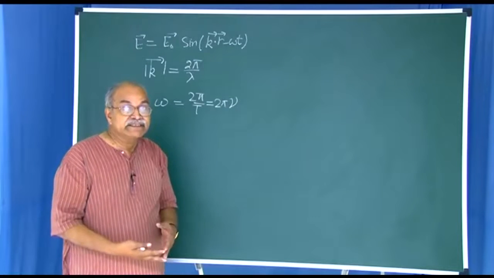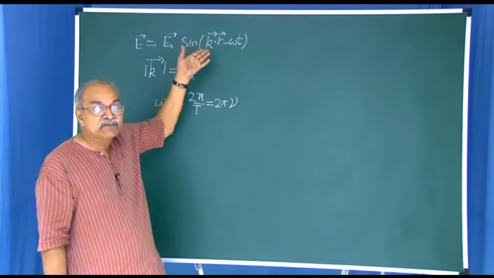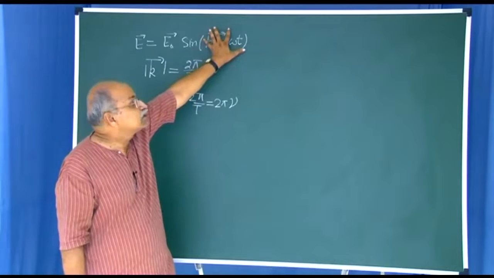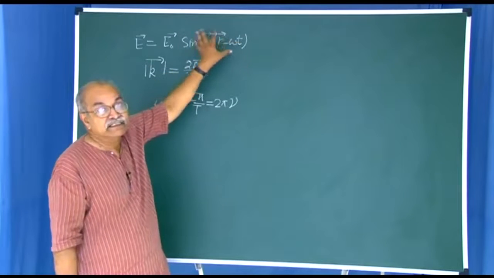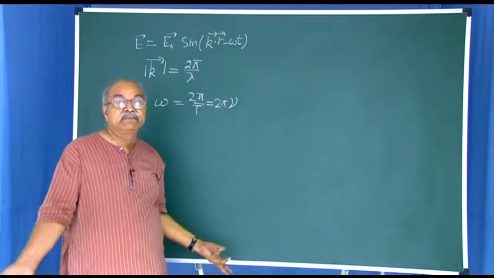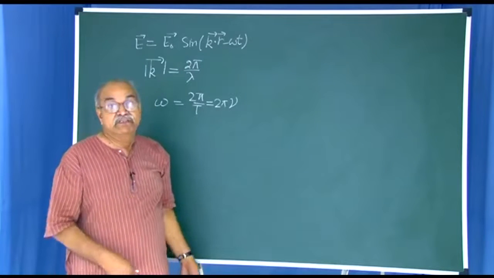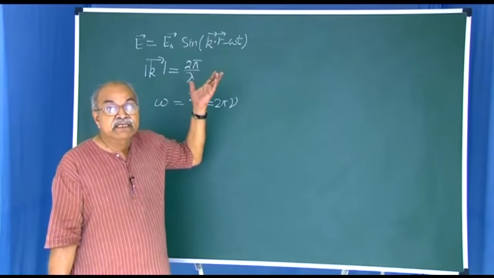The net intensity is not the sum of the intensities of the two waves, but it depends on what is the difference in this part which changes the value of this sine. So, the whole thing may become a destructive interference where the total intensity is 0 at certain point, or it can be double the amplitude when the intensity will be 4 times, and so on.